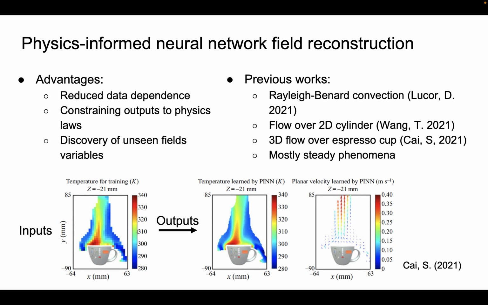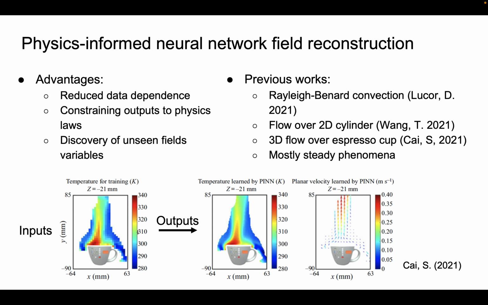So given some temperature data, the PINN will have to produce some sort of velocity output as well. And the way the PINN does that is it uses the PDE loss, and those equations are coupled. So we have temperature coupled with velocity and coupled with pressure, right, through conservation laws and so forth. And that's how PINNs can discover these unseen variable fields.